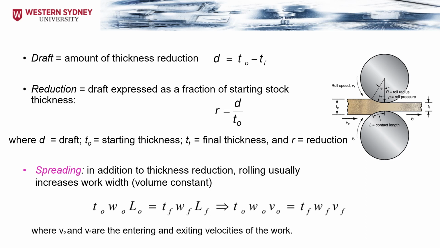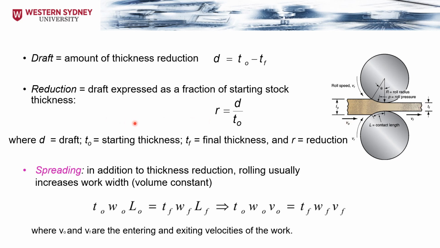Now, the analysis of the operation. The first thing that can be analyzed in the rolling process is what we call the draft. The draft is the amount of thickness reduction, or the original thickness of the work part minus the final thickness of the work part.